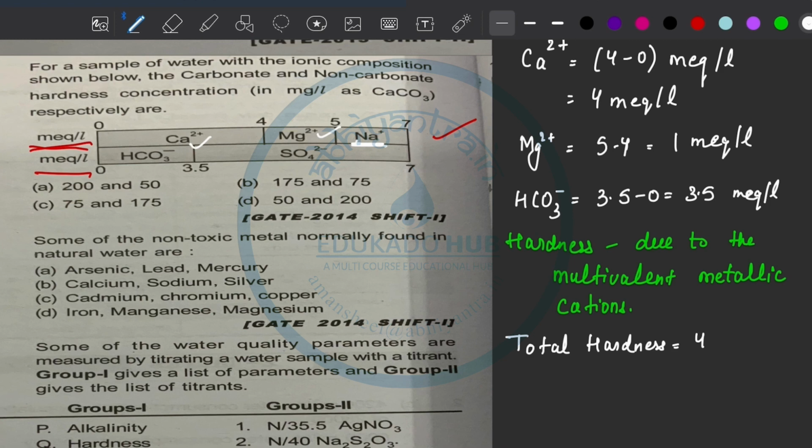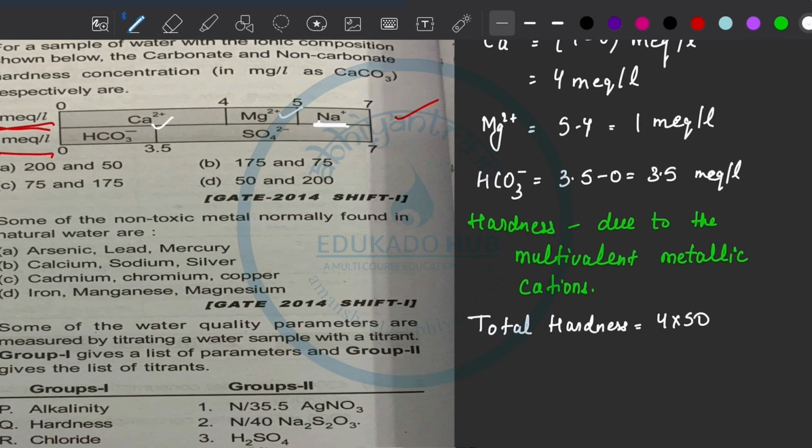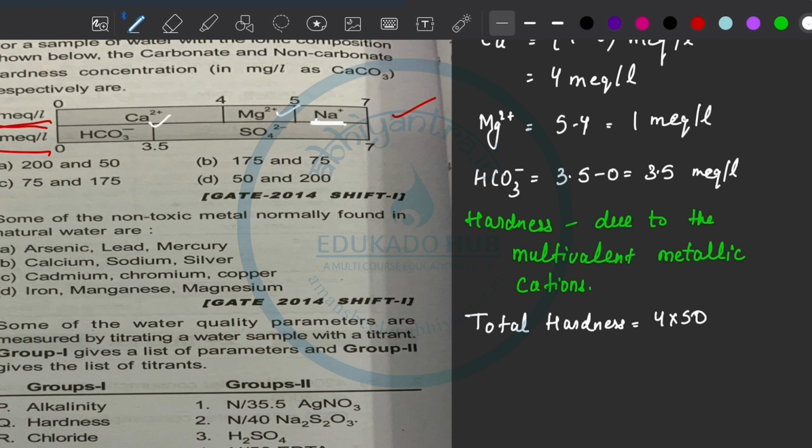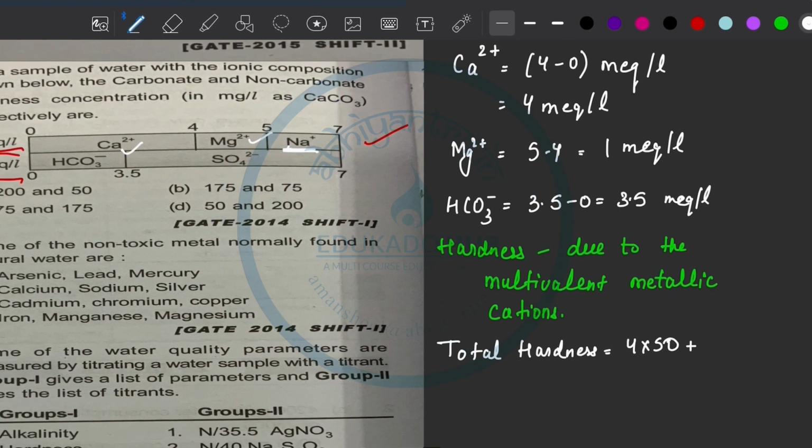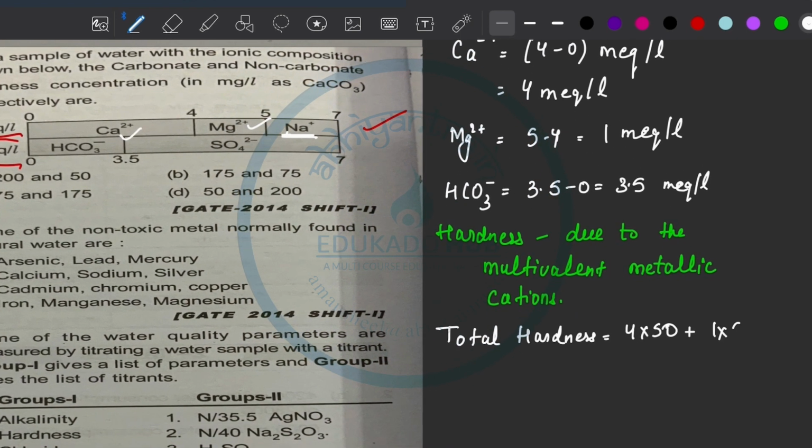Okay, so 4 into 50, that is we are going to multiply it by the equivalent weight of CaCO3, plus Mg is 1 into 50.